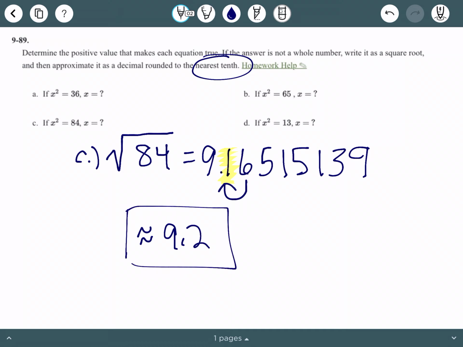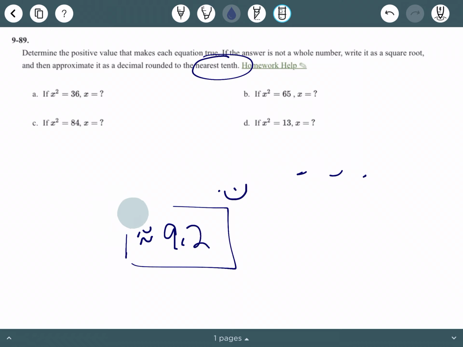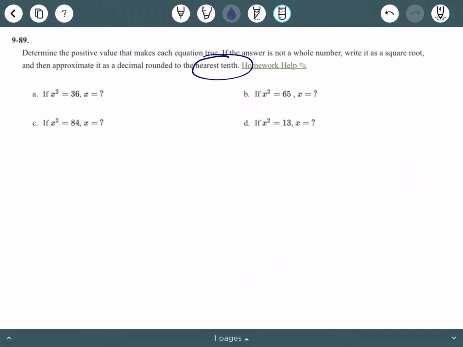All right, finally, let's have a look at D. So D is telling us that x squared is 13. Again, to unsquare a square, we take the square root. I know that 13 is not a perfect square, so this is going to give us a decimal as well.